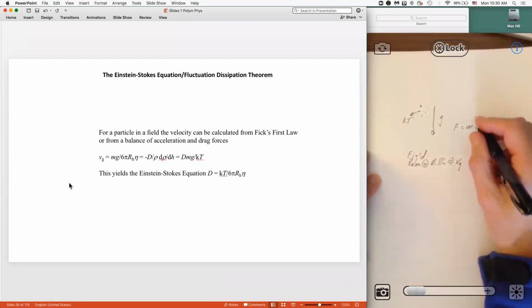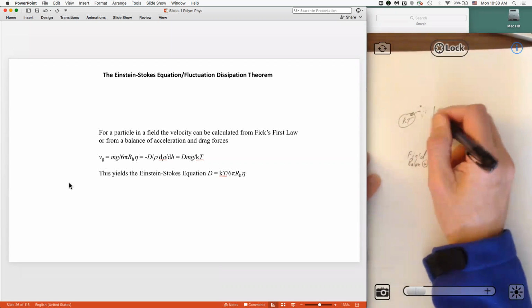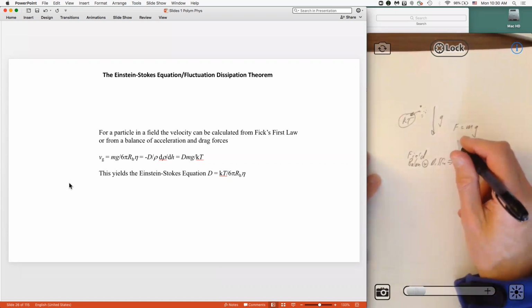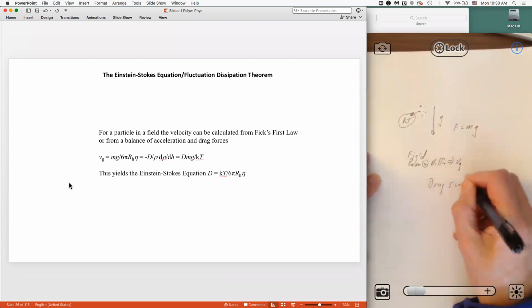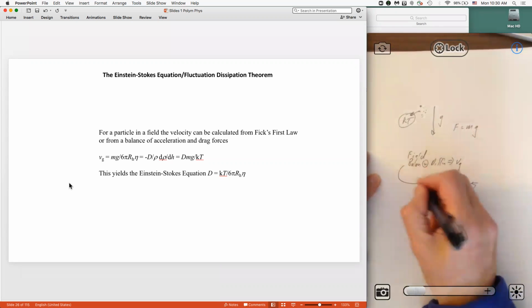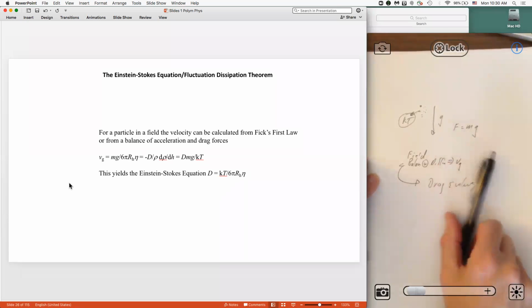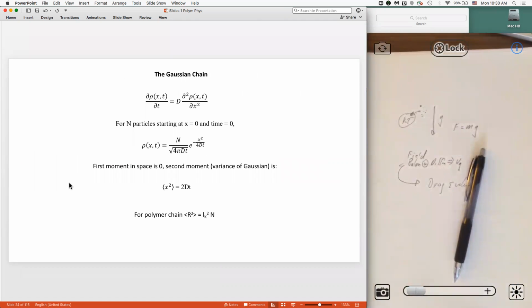So you can talk about the velocity due to the field balance between kT and this gravitational force, and then you can also talk about the balance between drag and velocity. If you solve the velocity in those two ways and then make the two equations equal to each other, then you get this Einstein-Stokes equation. That's kind of the point of this, where the Einstein-Stokes equation comes from.